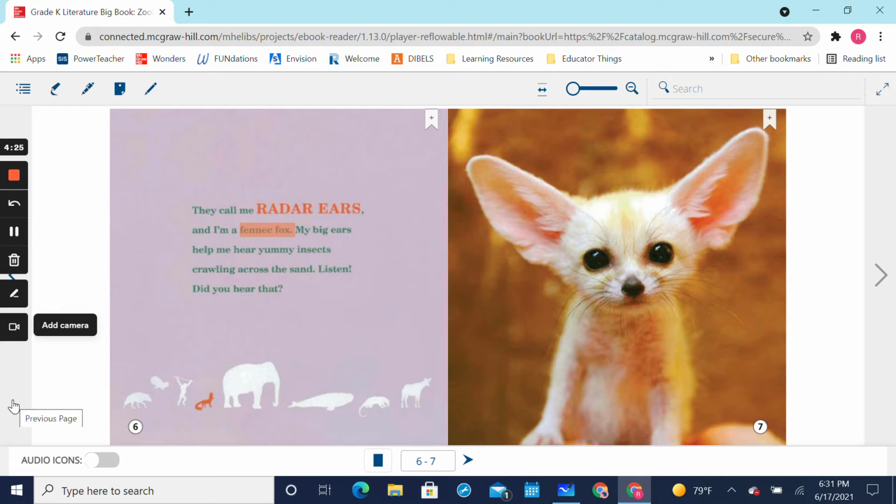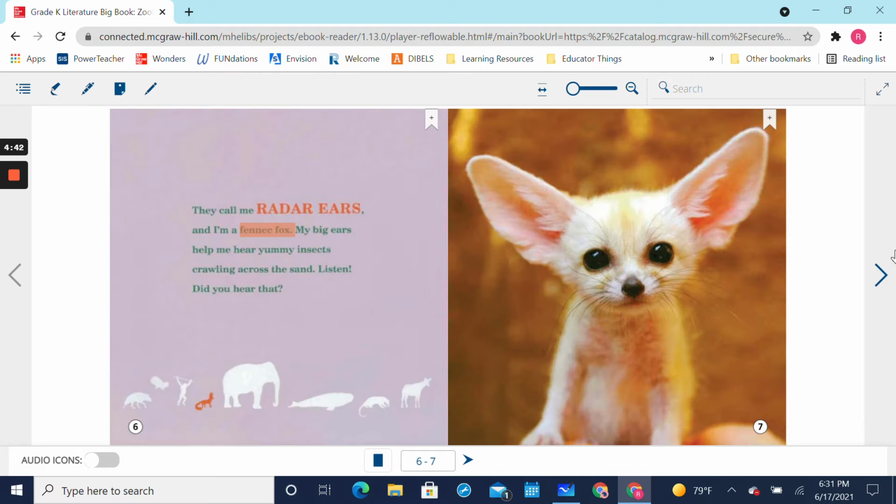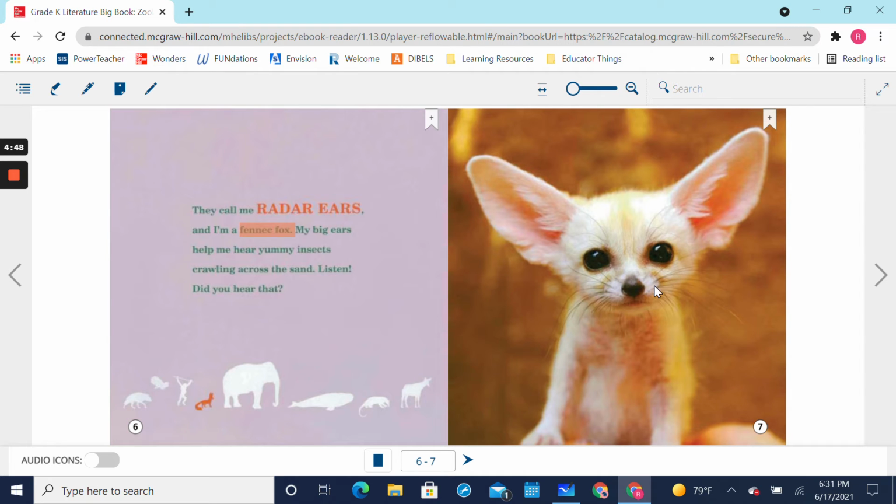Now let's contrast these two animals. How are they different? Pause this video and talk about how these two animals are different. How is the elephant different from the fennec fox?